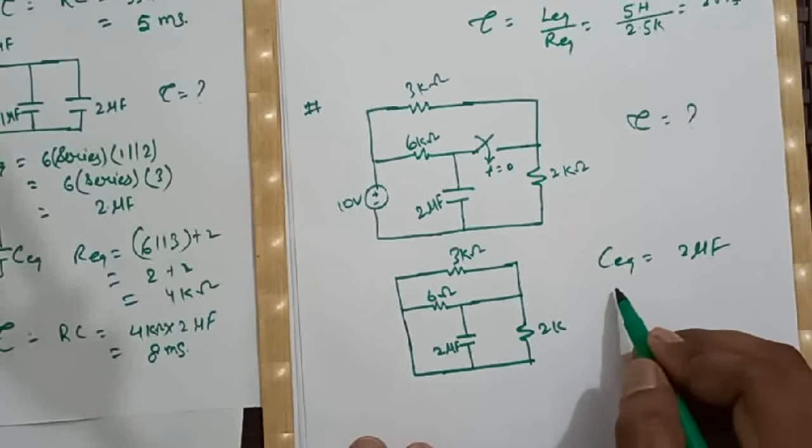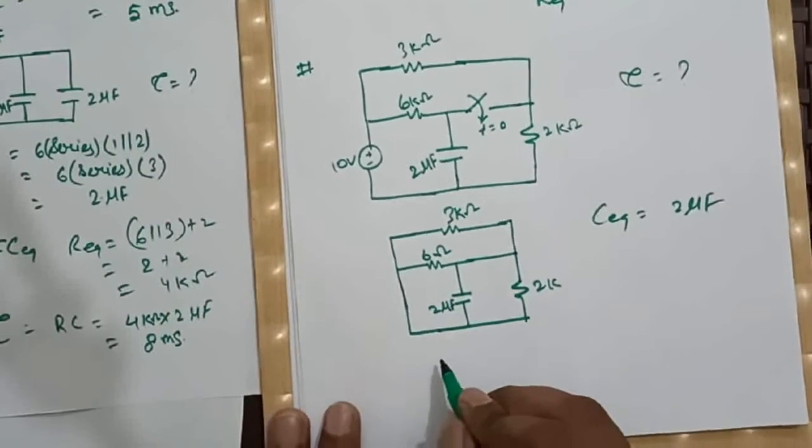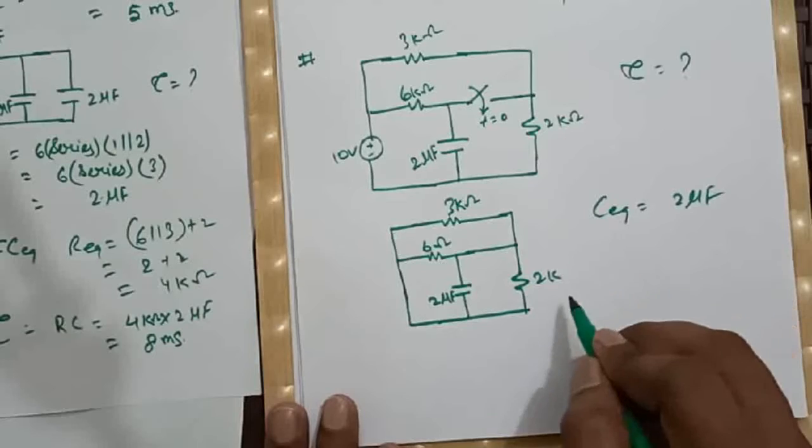Now what will be the R equivalent? See, we have to find R equivalent. Once again redrawing the circuit.